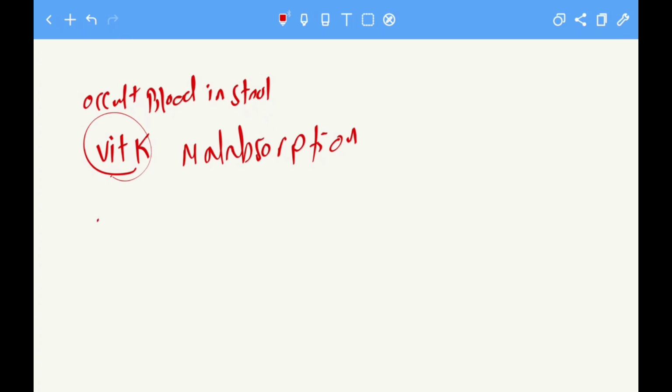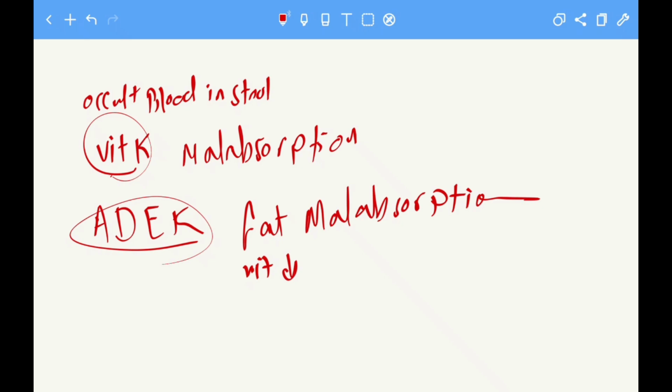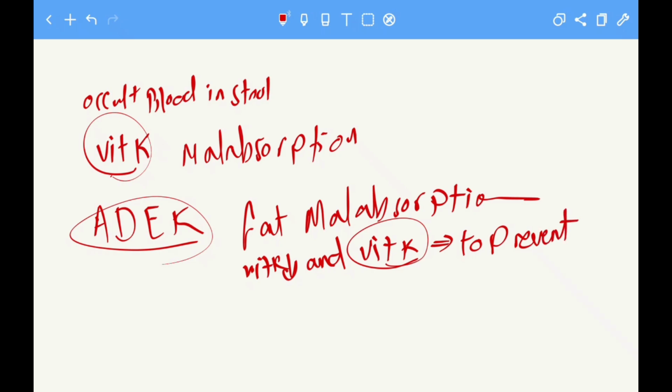Vitamin K is one of the lipid-soluble vitamins, like A, D, E, K. So if there is fat malabsorption, we will find vitamin K deficiency, and vitamin K is responsible for preventing bleeding. So you will see blood in the stool.